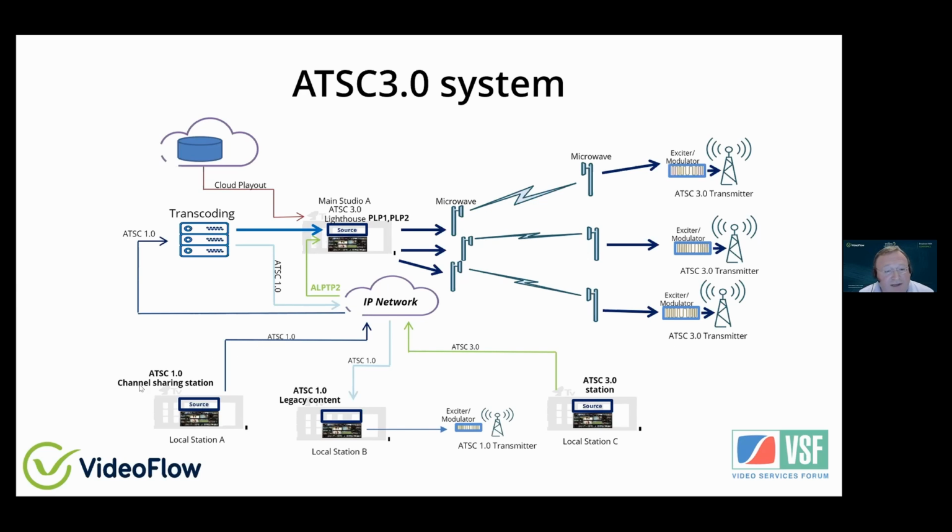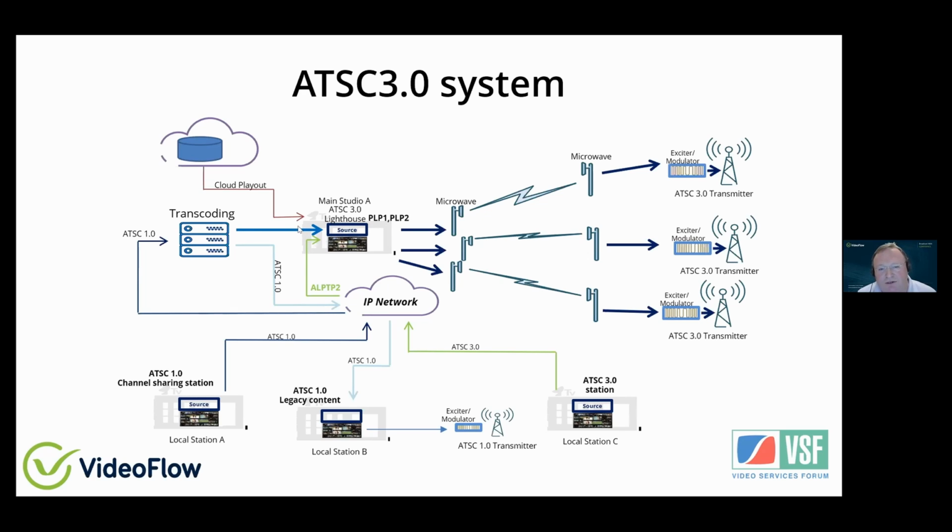We also have, on the left, an ATSC 1.0 channel sharing station that wants to also participate in the new ball game, which is ATSC 3.0. So it will produce its content and send it to this Lighthouse to be transcoded from MPEG-2 to HEVC and so on. But then that Lighthouse doesn't want to lose its business because not many people have an ATSC 3.0 receiver.